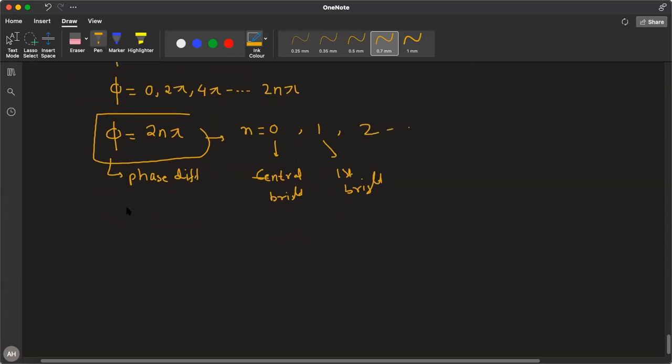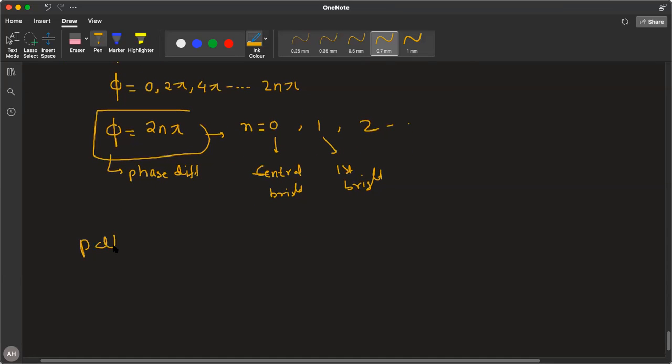So this is the condition of phase difference for bright fringe. After phase difference, we also need path difference. Faisal, do you remember any relation between phase difference and path difference? I think we did this in the last class.